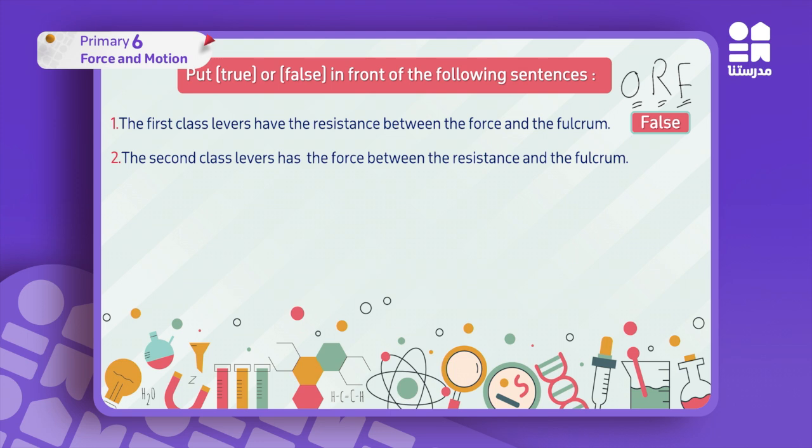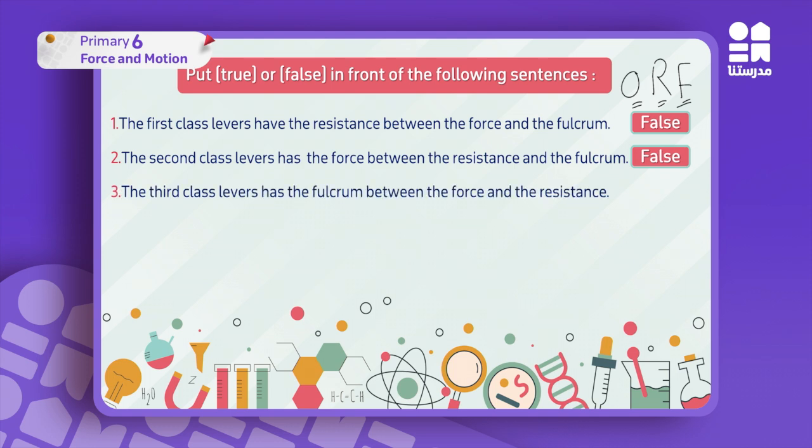It's also wrong. The third question. The third class lever has the fulcrum between the force and the resistance. It's also wrong.